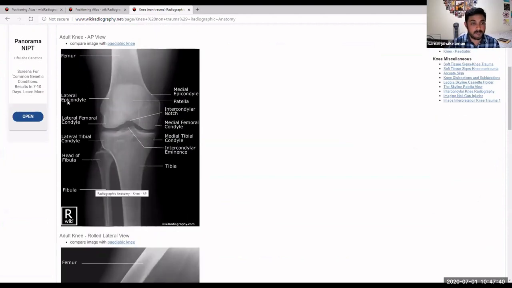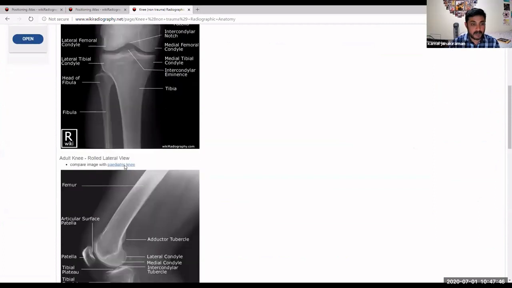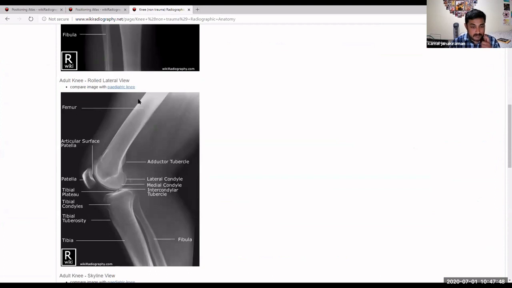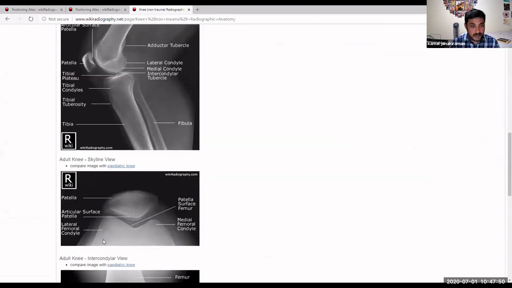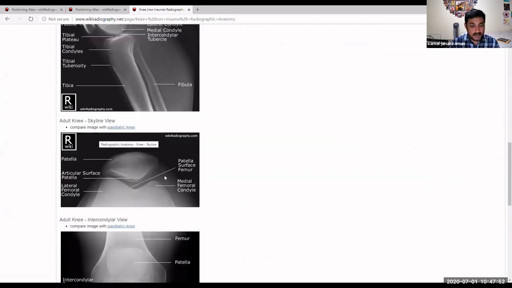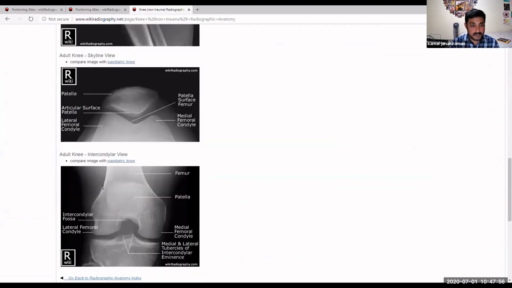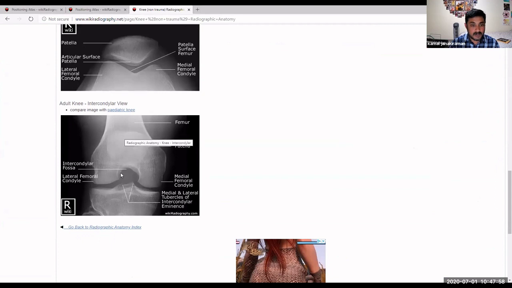This is the AP view of the right knee. You can see the structural marking. What are all the landmark marking over there? And this is the lateral view of the knee. You can see. And this is called the skyline view. This is especially to see the patella, articular surface. And this is the intercondylar view to see the articular surface of the knee.